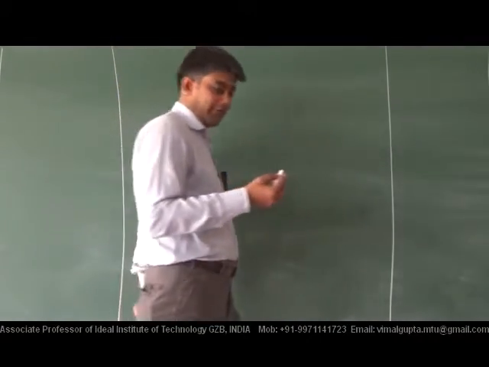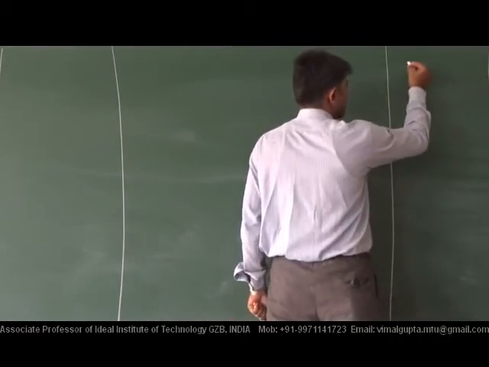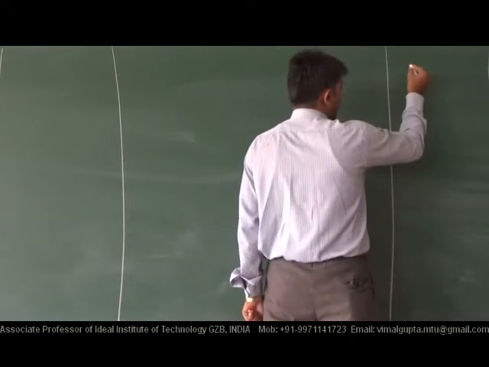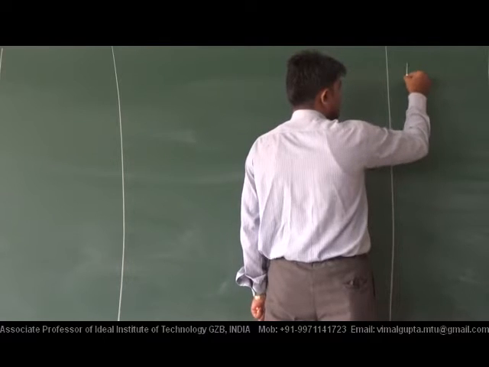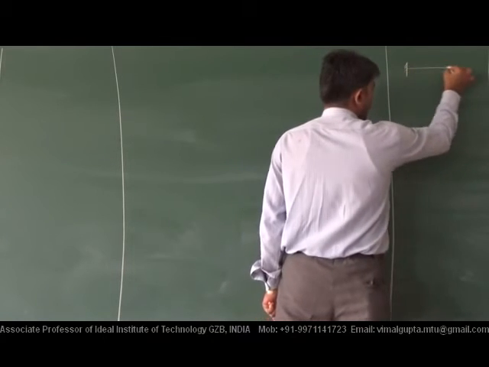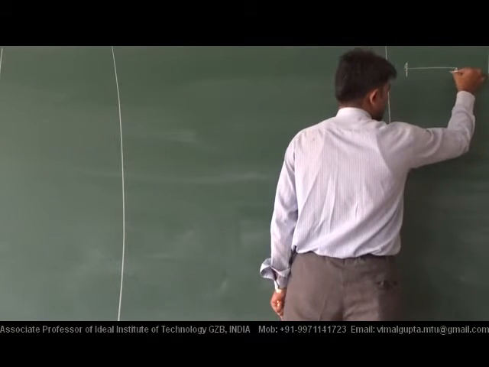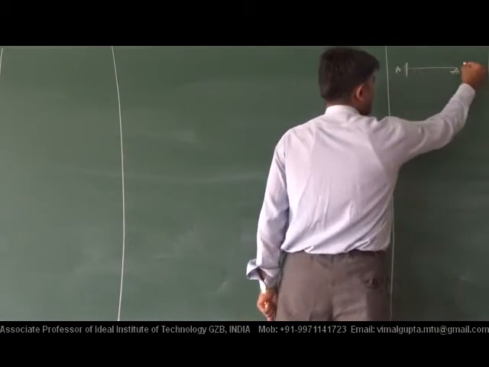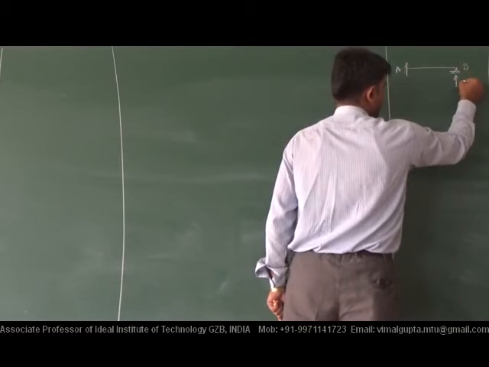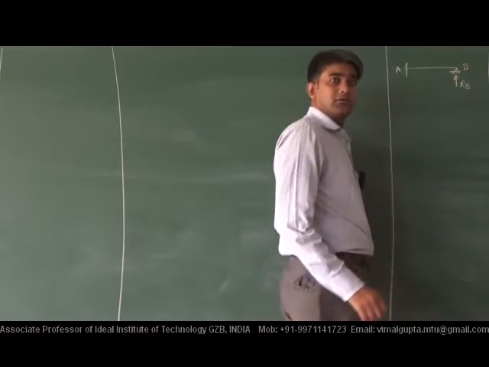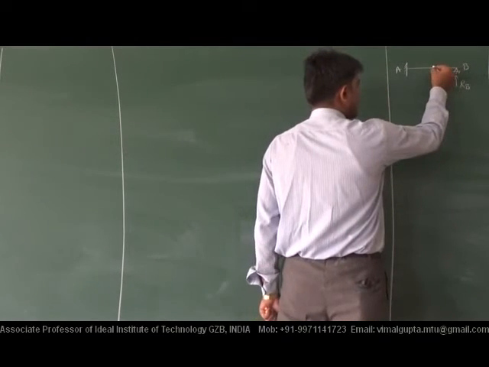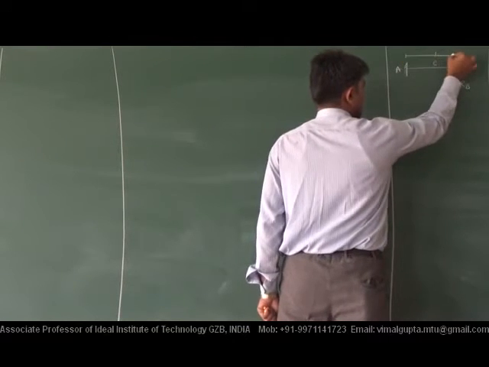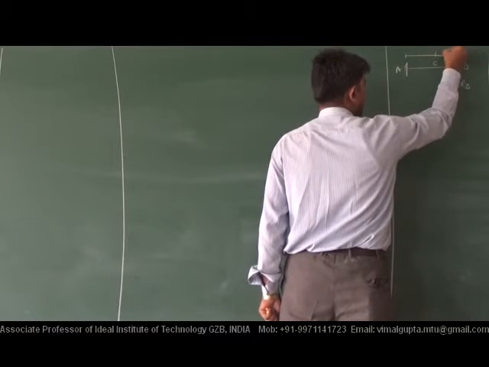So today we will plot first of all the influence line (IL) for this reaction RB, and at any point, let this point be C, at L/2 distance.